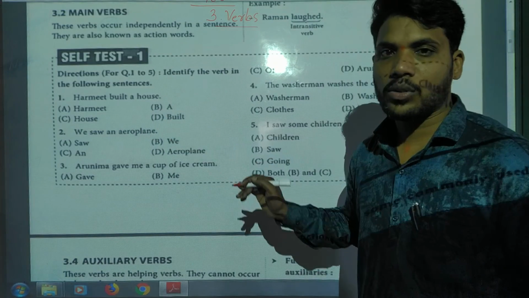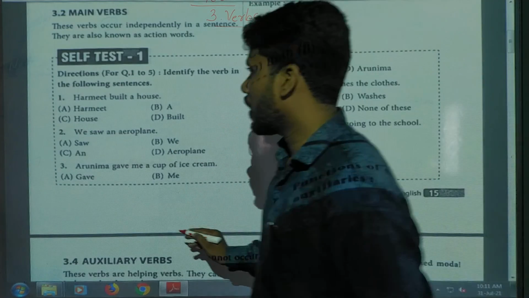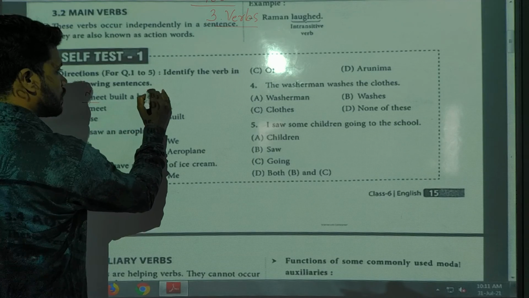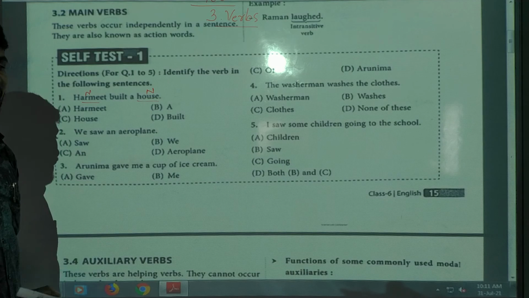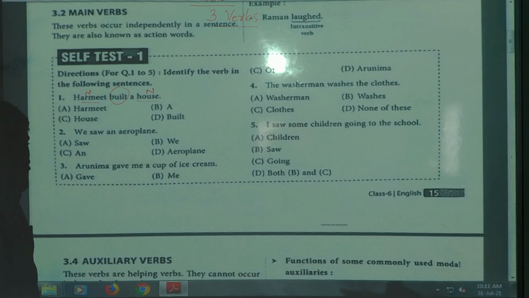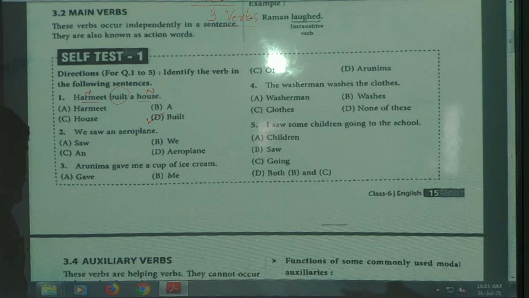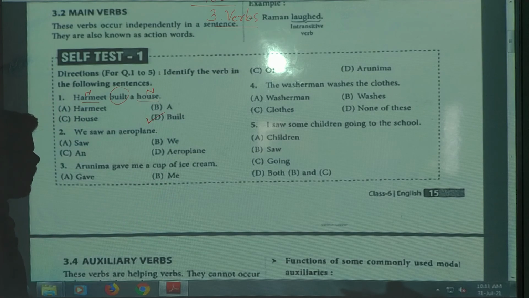In this sentence, what is the action? What is the verb? Harmeet is a noun and house is also a noun. So what is the verb here? Build. Understand? Build is a verb. So which option is correct? Option D is correct. Understand?